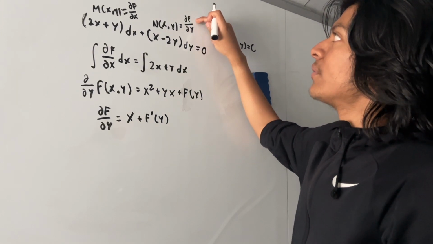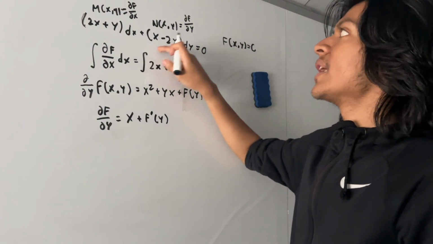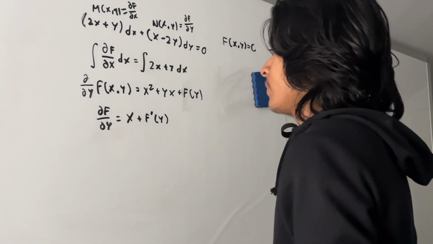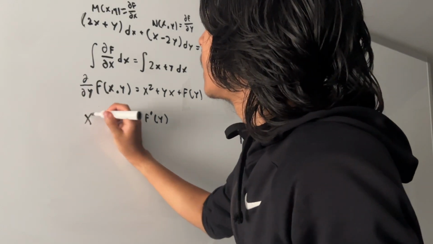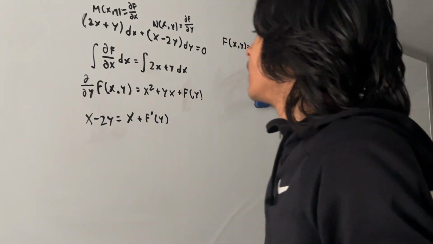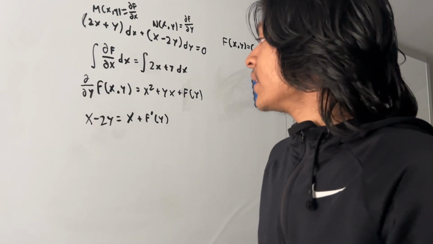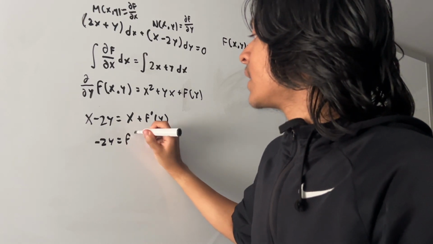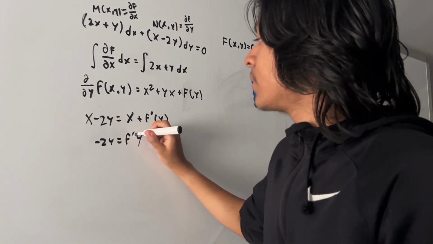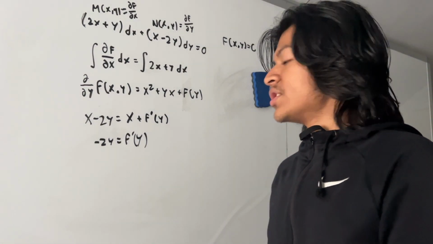And right here we have our partial of f with respect to y. This is going to be equal to x minus 2y. So I'm going to replace this term right here with x minus 2y. And we're just solving for this f prime. So these x's go away, and we get negative 2y is equal to f prime of y. And at this point, what we could do is just integrate.